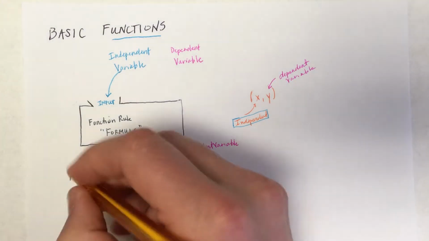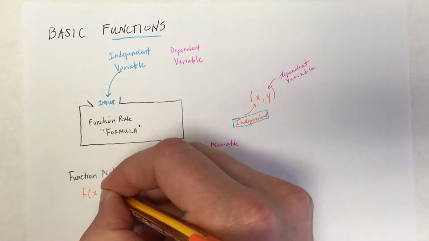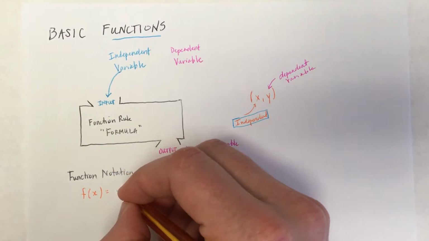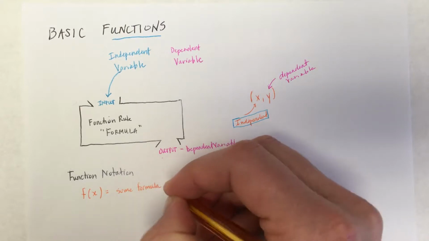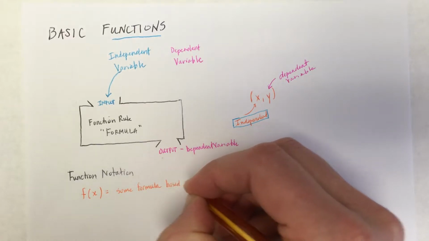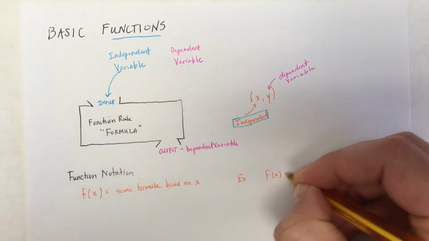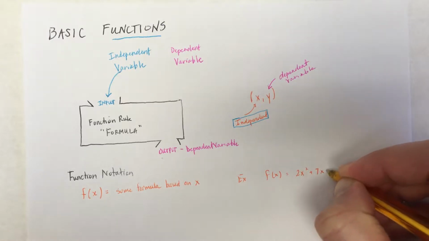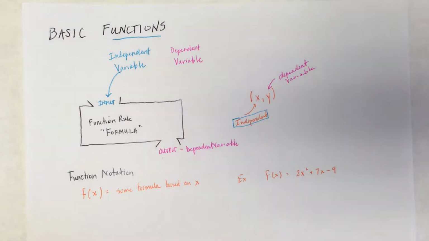So with function notation, oftentimes you'll see f of x equals some formula based on x. Example, f of x equals 2x squared plus 7x minus 9. Okay, so that would be an example of function notation.